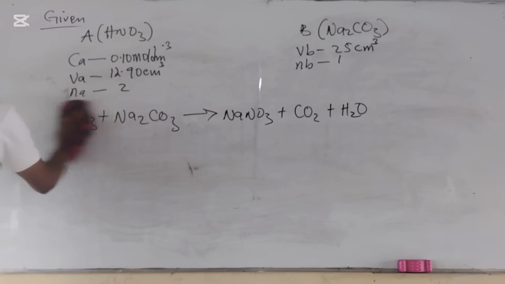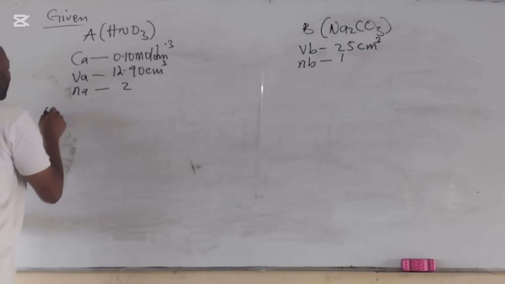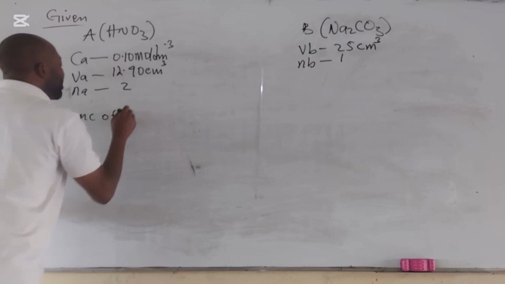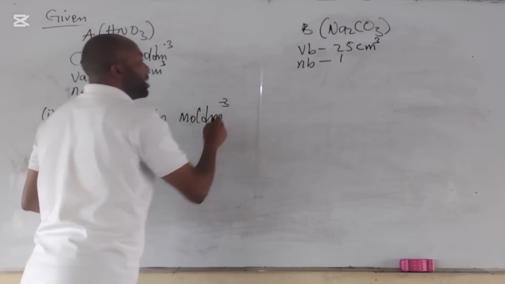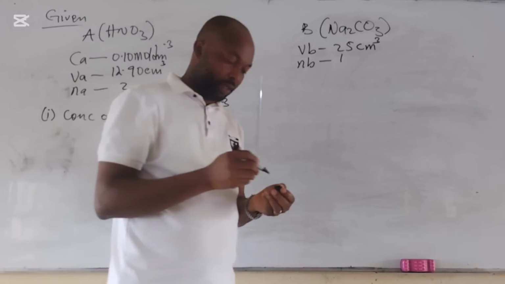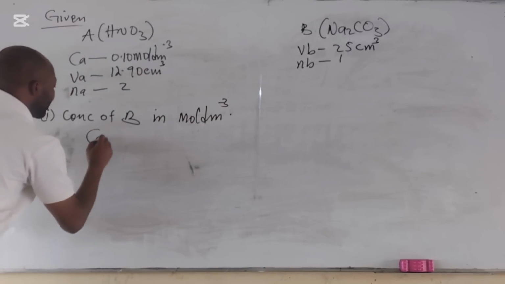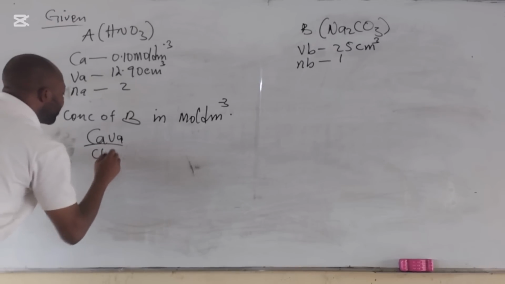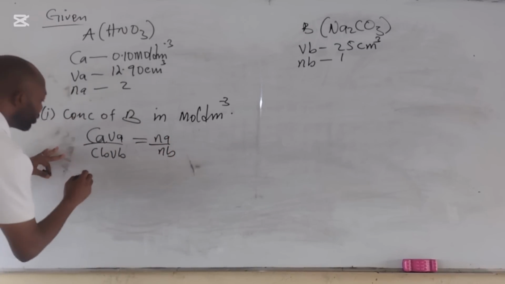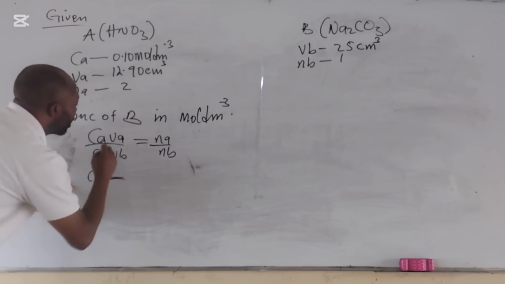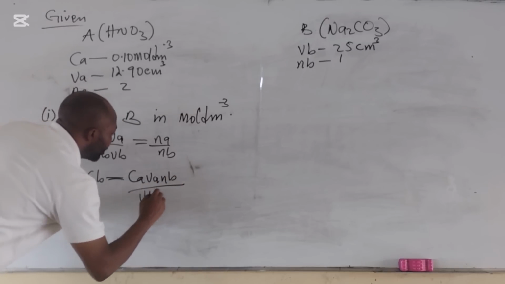So number 1, the concentration of B in mole per dm cube means the molar concentration of the base. We can use this formula, CAVA over CBVB is equal to NA over NB. We're looking for CB, so CB is equal to CAVANB over VBNA.